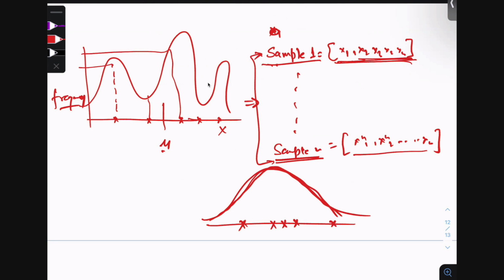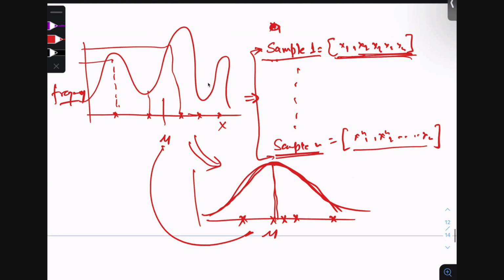No matter what the distribution is, if I'm randomly sampling and calculating the sample mean and drawing a frequency distribution out of it, then this will approach a normal distribution. And the mean of this, for a very large number of samples, will approach mu, the population mean. Okay, clear?